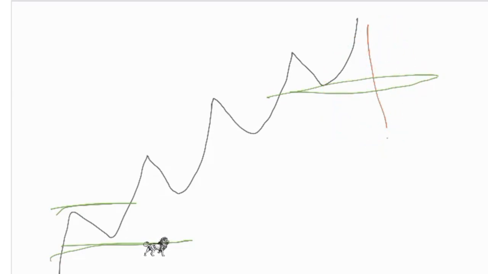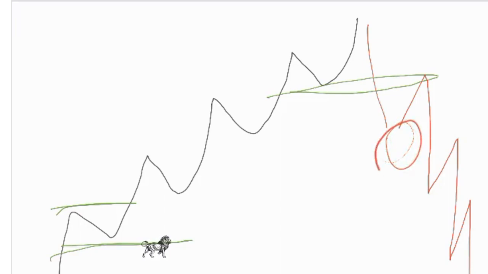You can call it MSS or CHoCH. So the market will move a little bit, then you know we're already in for a downtrend. And this downtrend, don't forget, is lower low, lower high, lower low, lower high, lower low, lower high, lower low, etc.